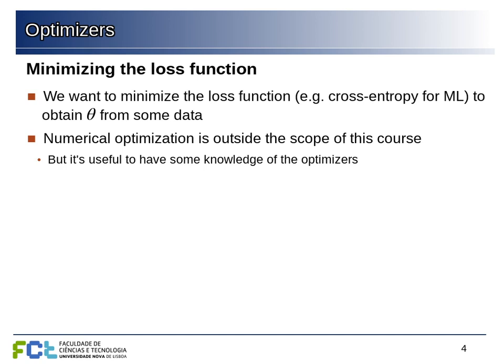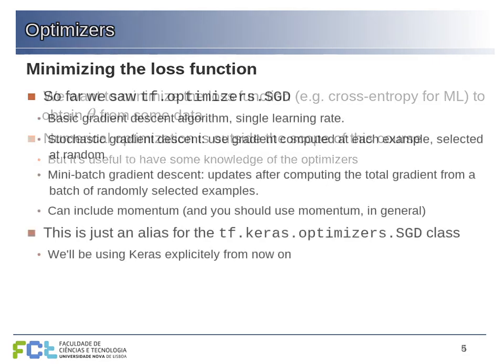The details on how to do this, the numerical optimization part, are outside the scope of this course, but it's important to understand at least at a higher level how these different algorithms work, because then you can select them according to what you see and what is working on your particular case.